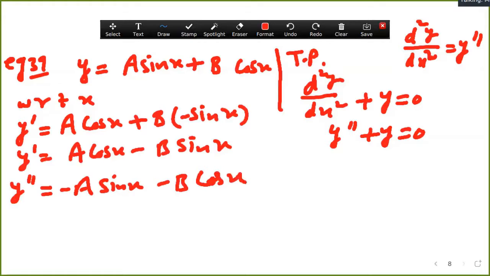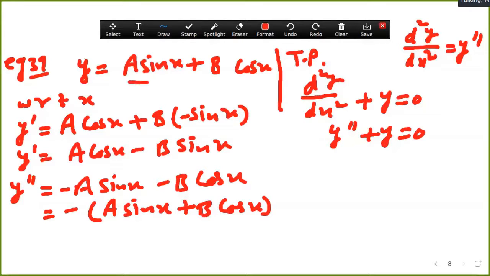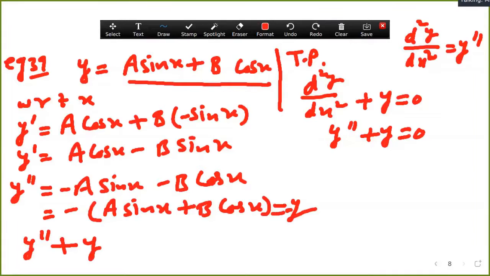If I take the minus sign common, you will get minus of a sin x plus b cos x. What is this? This is equal to y. So you can write y double dash equals minus y. If I shift this y to the left hand side, then you will get y double dash plus y equal to 0. Hence proved.